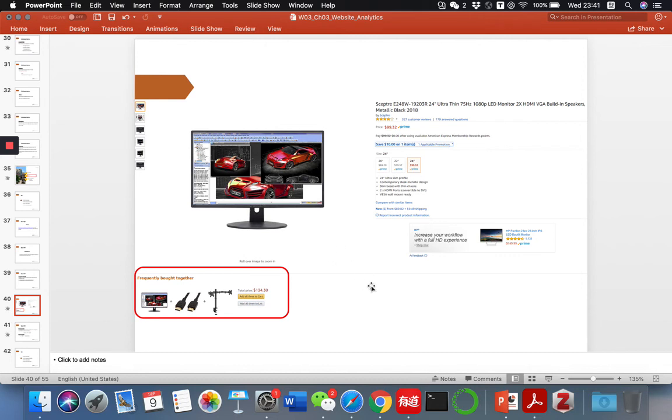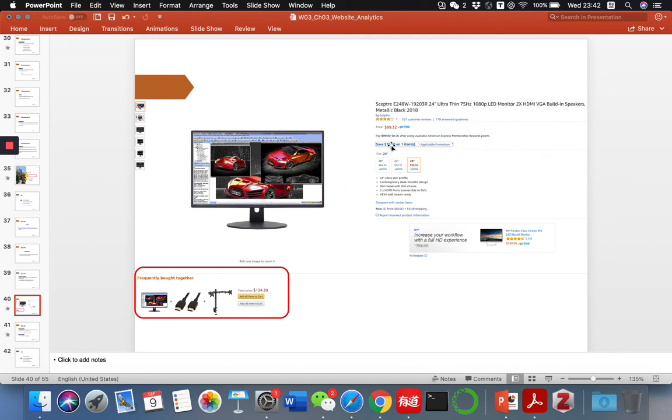Here's the strategy which Amazon uses. So how? Give some bundle information, some information about other related items.